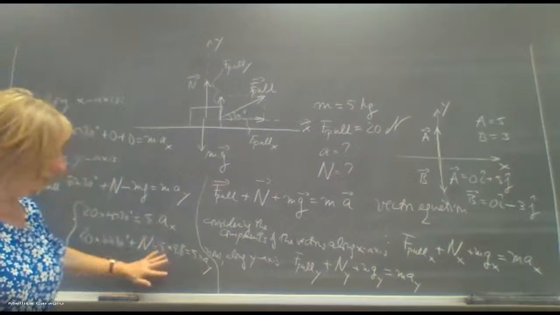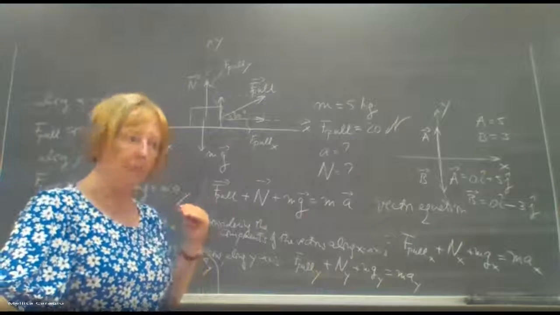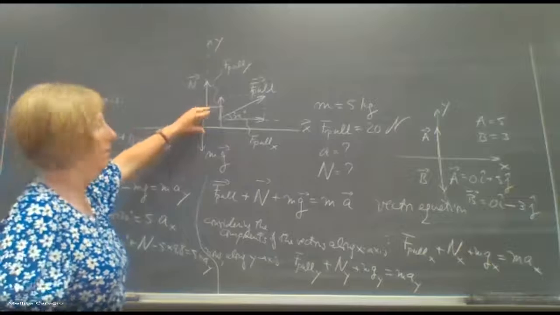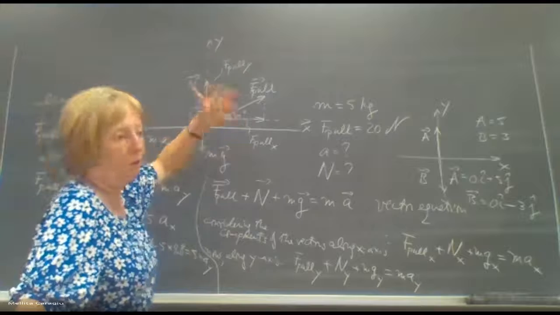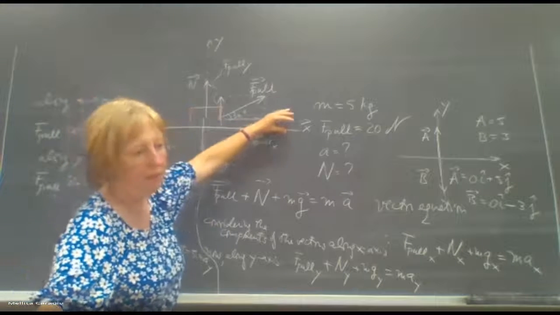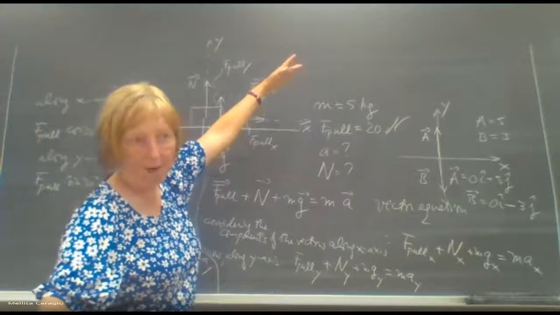And what are you getting rid of? You basically have to put in a little bit of common sense. The common sense is the fact that you're pulling this crate or whatever it is, but the crate still moves along the horizontal surface. It's not flying up.